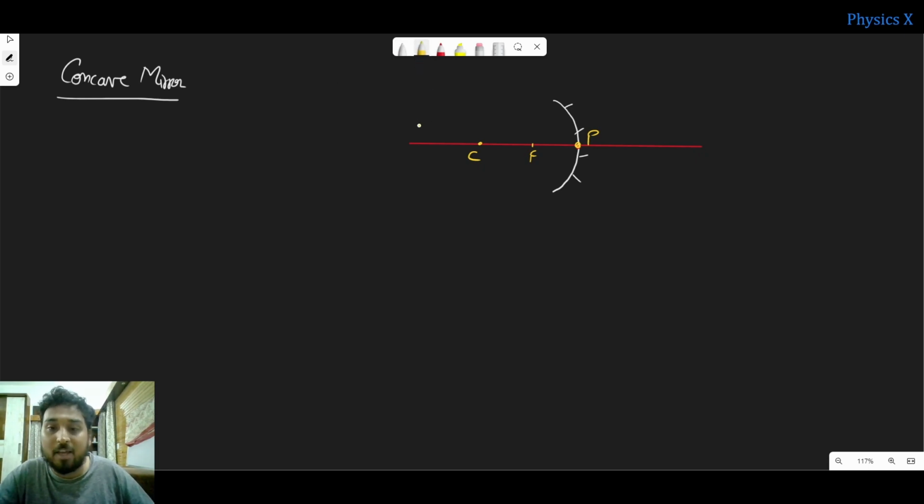So when rays are parallel to the principal axis, suppose this is your incident ray, there are incident rays coming parallel. This is your incident ray, this is also your incident ray. So these incident rays are coming parallel to the principal axis.